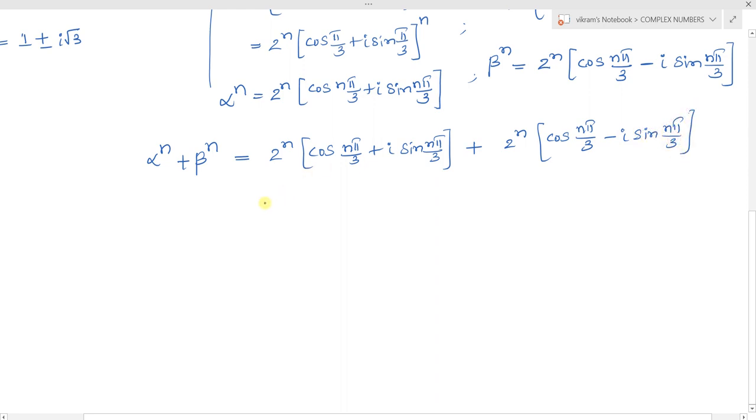We can take 2 power n as common. Then we have cos n pi by 3 plus i sin n pi by 3 plus cos n pi by 3 minus i sin n pi by 3. The plus i sin n pi by 3 and minus i sin n pi by 3 cancel out. Directly I am writing here 2 into cos n pi by 3.